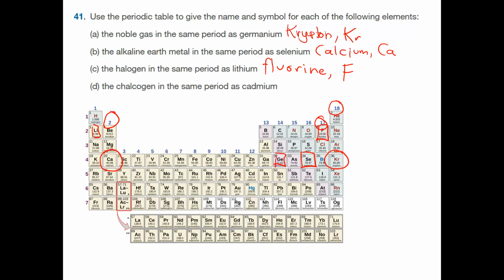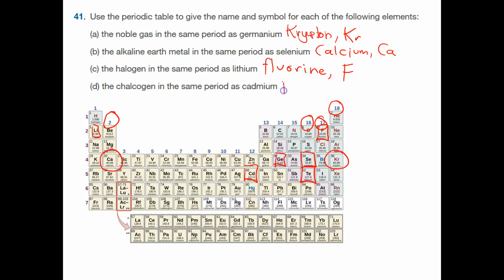Okay, so the chalcogen, so the chalcogens are the oxygen group, so group 6A or group 16 in the IUPAC method, in the same period as cadmium. So cadmium's in period 5, so that's gotta be tellurium, all right?